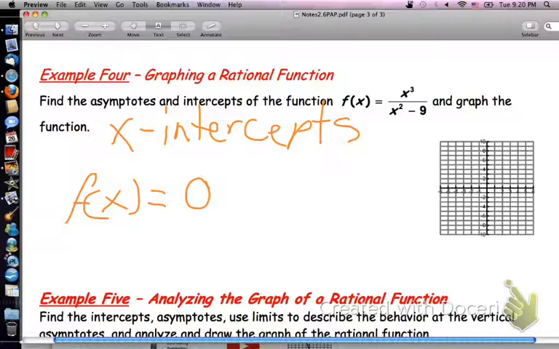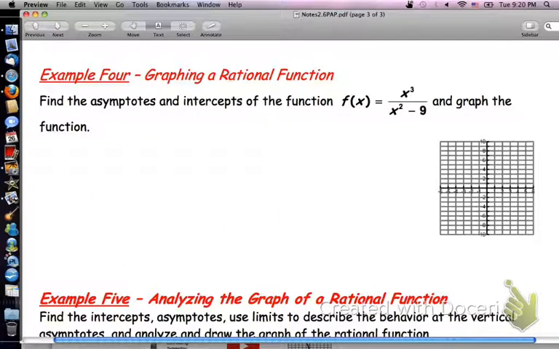That's where the numerator will also equal 0. So if we have x cubed, the only 0 in this case would be x equal to 0. And if we plug 0 into the denominator, we would just get a negative 9. So 0 over negative 9 is indeed equal to 0. So we have an x-intercept at x equal to 0.